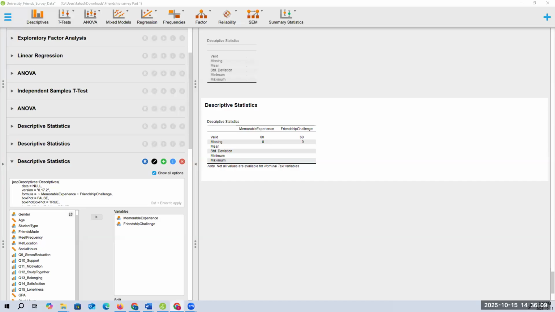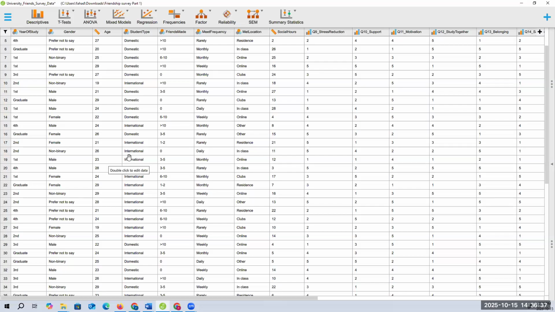So word cloud in JASP, is that even possible? So it seems that JASP doesn't allow me to do word clouds, which is a bit disappointing. But there is another software called JMP, which enables the survey person to look at word clouds and look at the data that way.